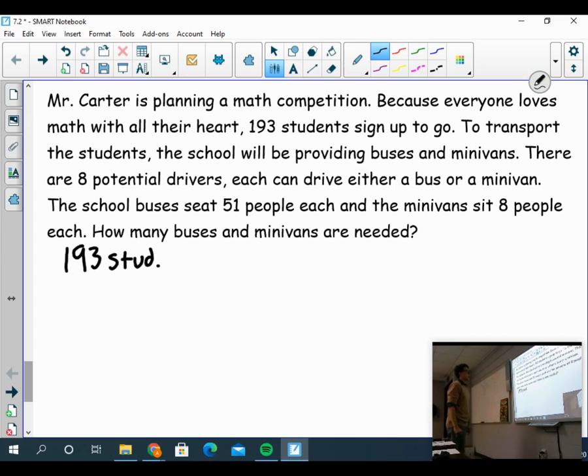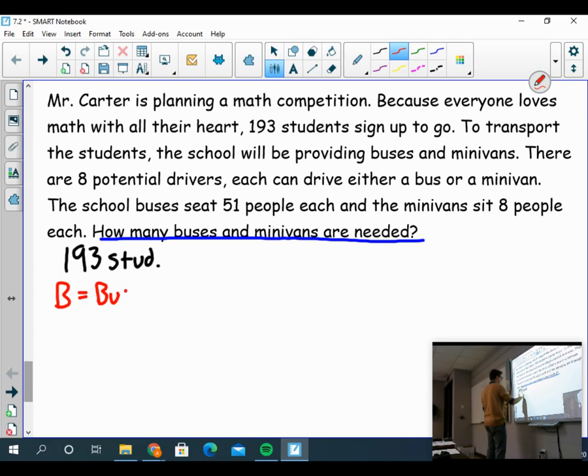The school is providing buses and minivans. Okay? Well, we don't know how many. In fact, that's the very question we're trying to figure out. Therefore, I'm going to label B for buses and V for minivans.